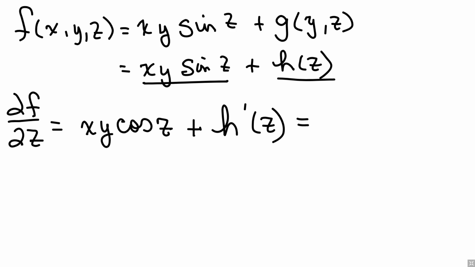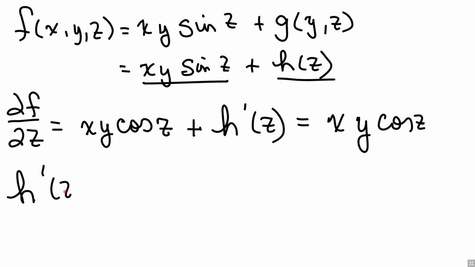And this is going to be equal to the last component of the capital F, which is xy cosine of z. So what that tells me is that h prime of z is equal to what?